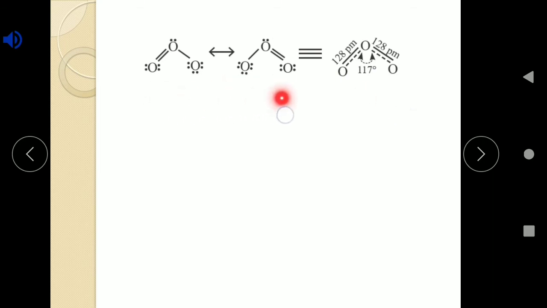Actually, it shows these two resonance forms. The double bond between oxygen is not stable, it continuously changes its position, and hence we can draw the hybrid like this, showing a dotted line that suggests the double bond can be on either side. So, this is the structure of ozone.